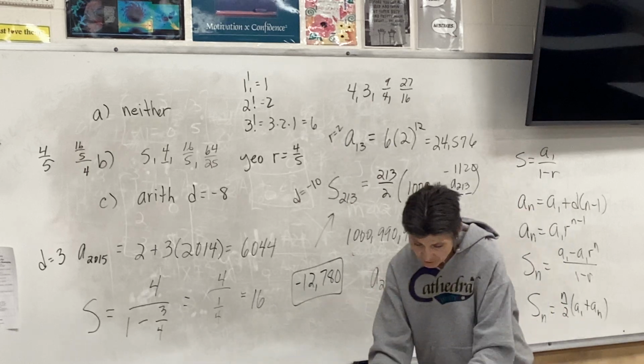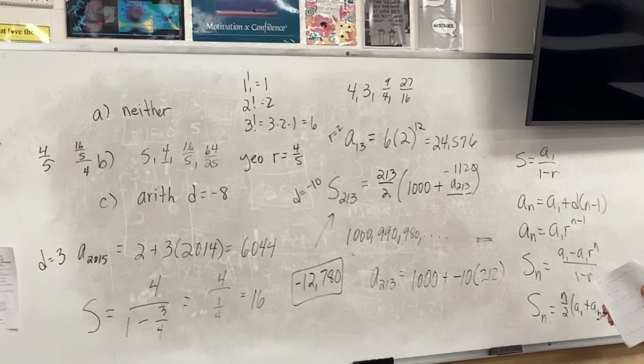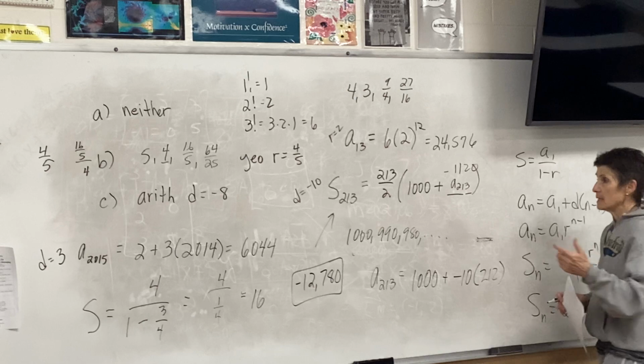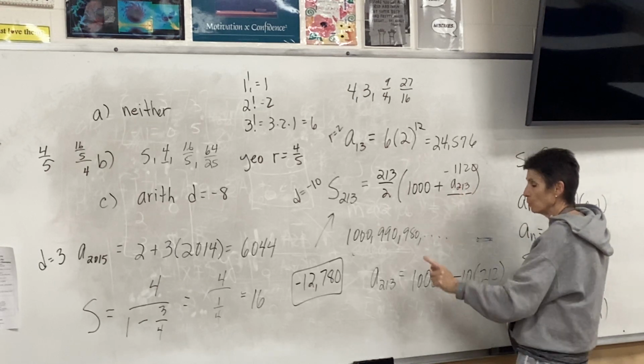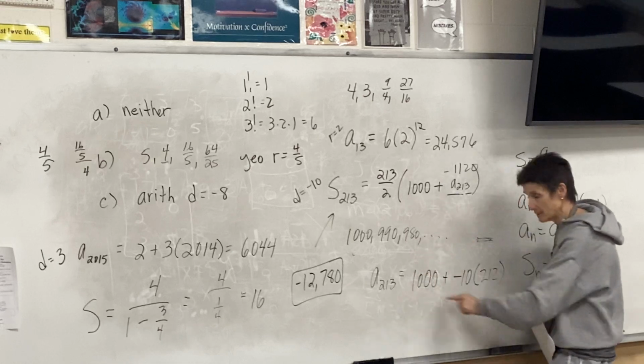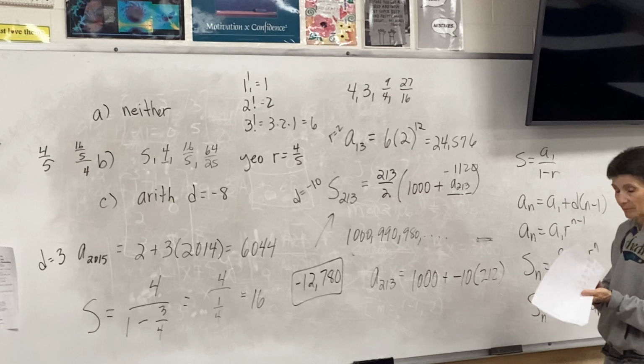That is the answer to letter D. So that was a two-stepper. We've had that before. If we don't have the number that we need, we use the other formula to find the number that we need, and then we put that in, and we're all set.